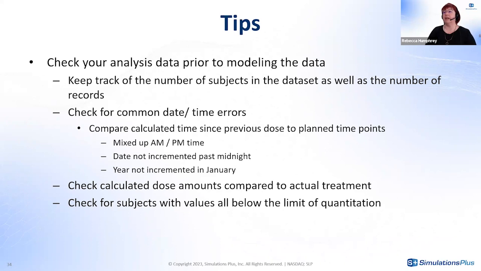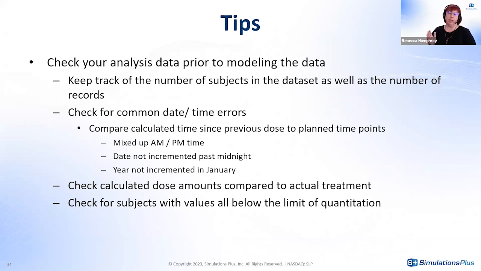There's a variety of checks that can be performed to check for common date errors. The time since previous dose can be calculated and then compared to planned time points. This is an easy way to identify an AM/PM time that might have been mixed up, or a date that did not get incremented for a full profile that exceeded past midnight.